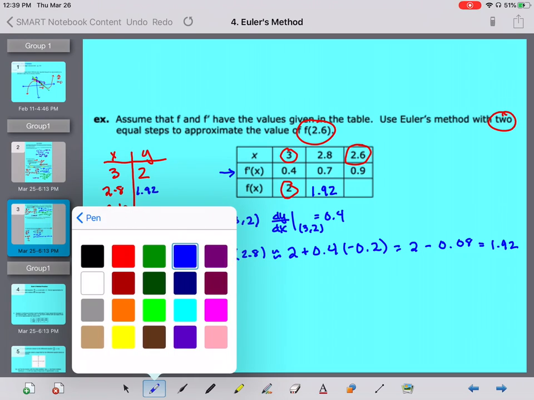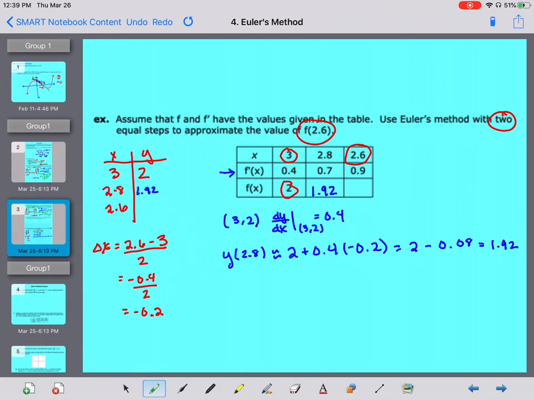Okay, so my next step, my next iteration, will be using the point (2.8, 1.92). Okay, so I'm done with that point. So y to approximate 2.6 is approximately, oh sorry, I did not write down my derivative, so our dy/dx at the point (2.8, 1.92). If we look to our table, that's that value right there. Okay.